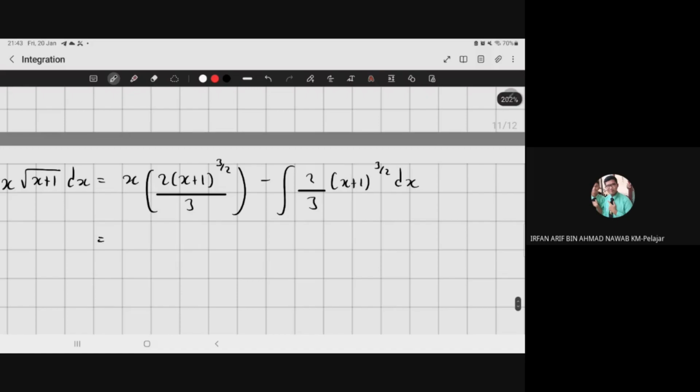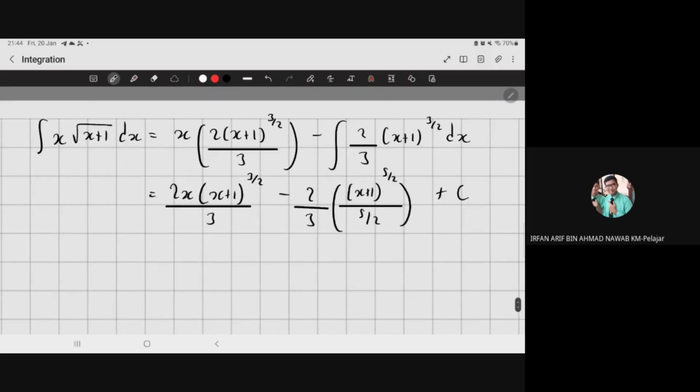First I want to make this look nicer. Okay, nice. And then here, just integrate as usual. You get 2 over 3 times x plus 1 to the power 5 over 2 over 5 over 2 plus c.